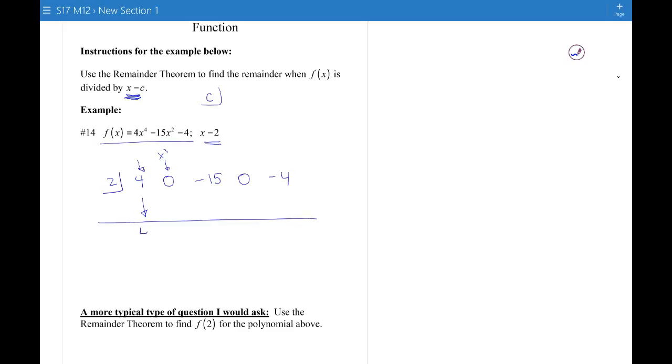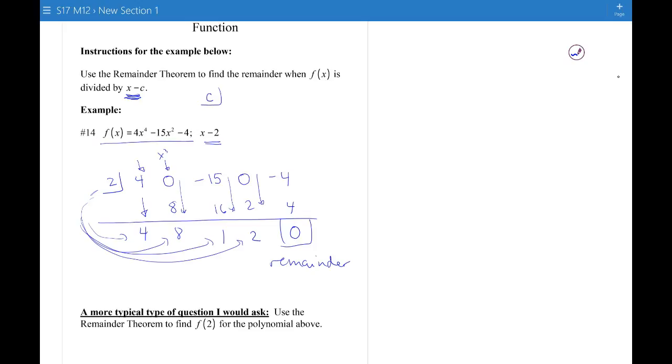Okay, synthetic division says drop down the first term. Then do 2 times the 4 is 8, and add. 2 times the 8 is 16, and add. 2 times the 1 is 2, and add. 2 times the 2 is 4, and add. So this is the remainder.